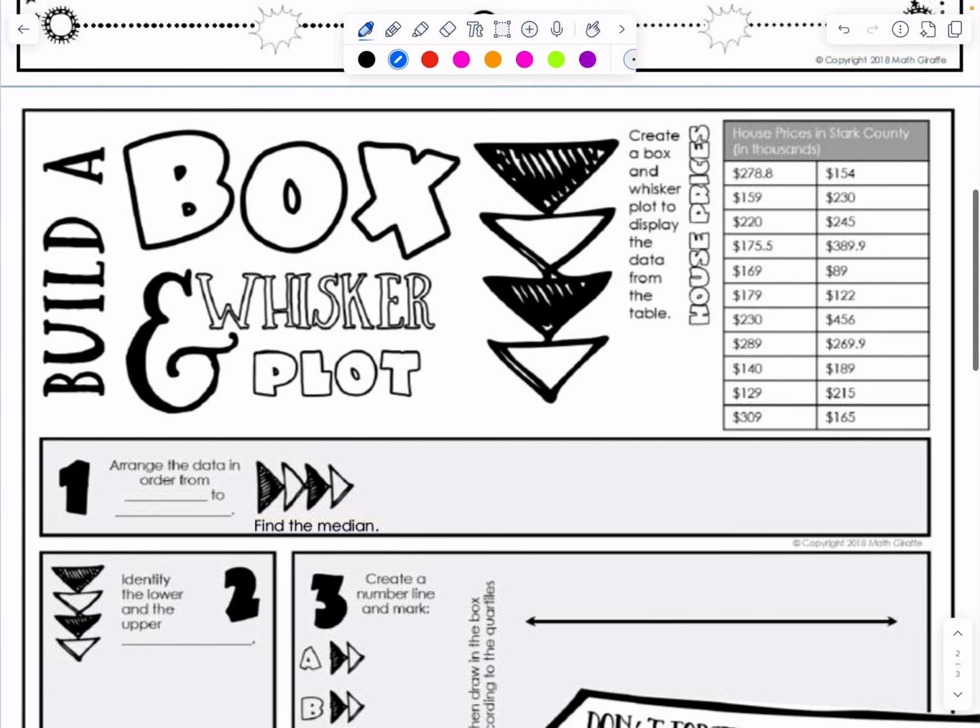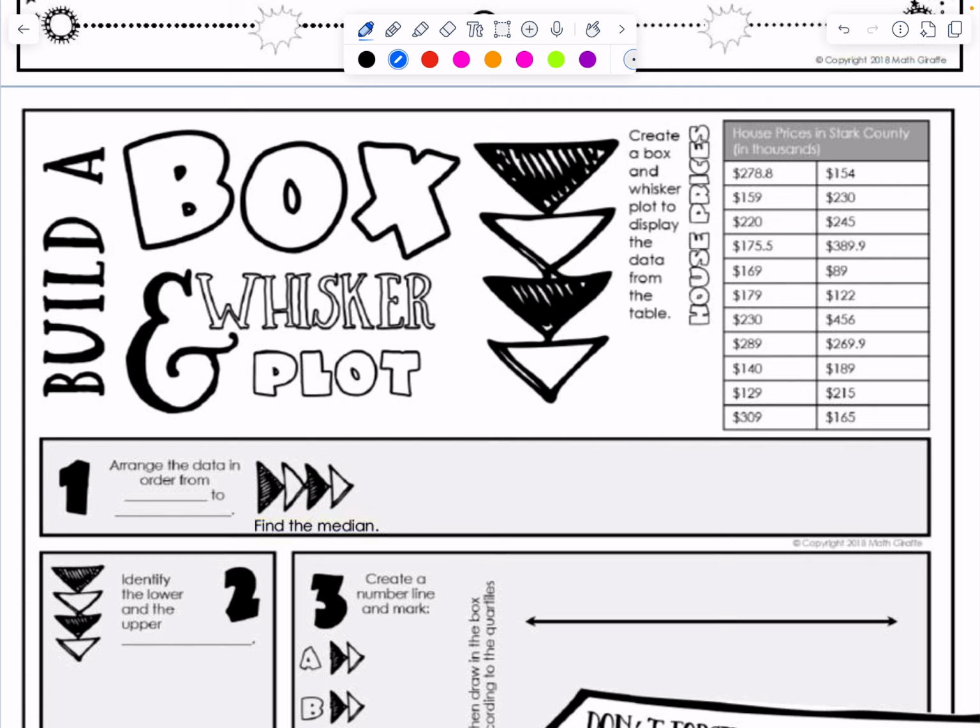Okay, so now we want to look at how we build a box and whisker plot. We've just talked about all of the different elements, so now we're going to look at how we actually put one together. First, we're going to have to find the 5-number summary.